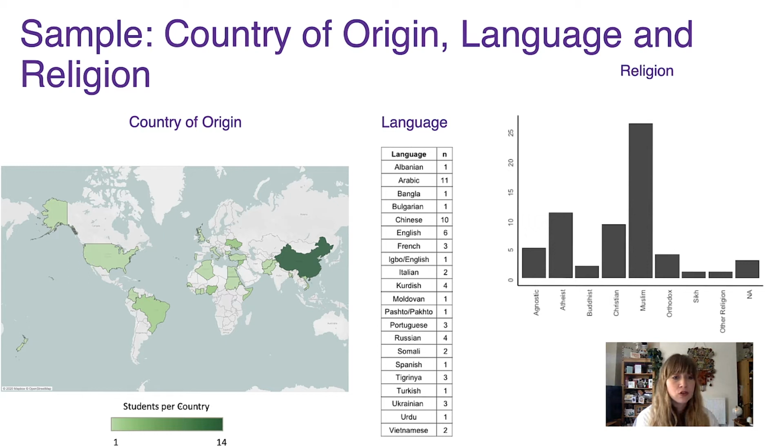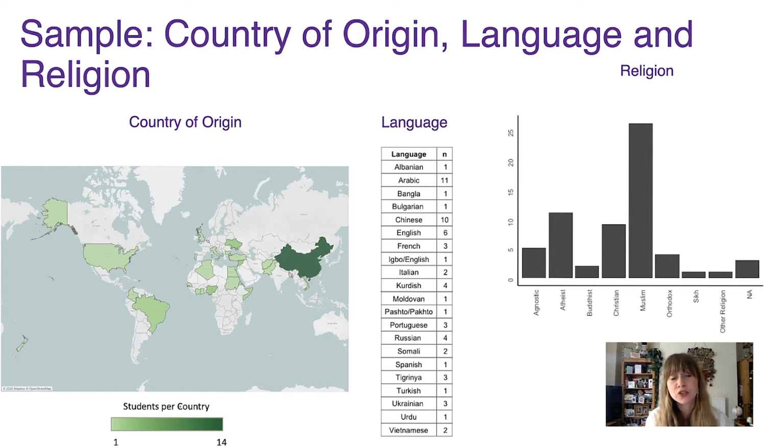As you can see, we've got students from across the globe, from North America, South America, Asia, Africa, Europe and Oceania. However, we've got this greater frequency of students from China, as you can see from that darker green colour on the map there, and that's with 14 students.